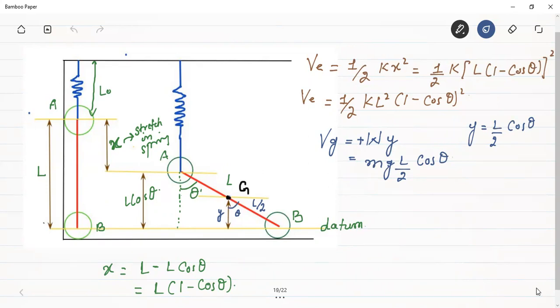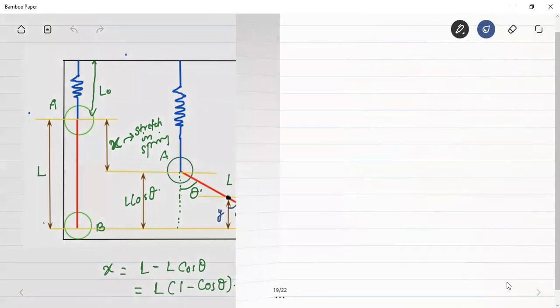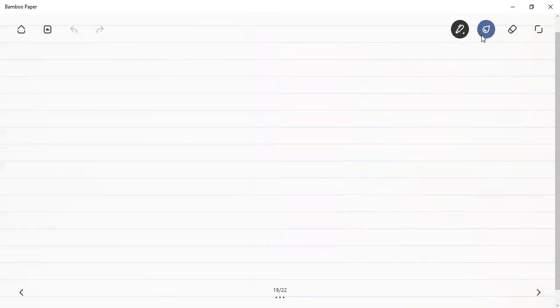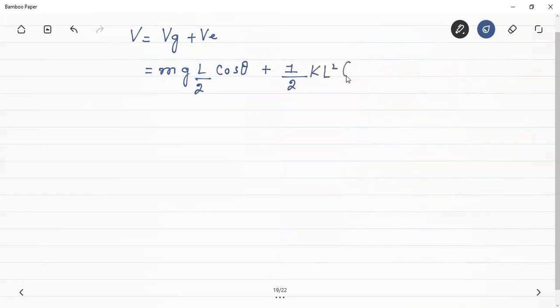Now we can add them to get the total potential function, that is, the summation of the gravitational potential function and the elastic potential function. This Vg is equal to m g L by 2 cos theta plus the elastic potential function, which is equal to 1 by 2 k L square into 1 minus cos theta, whole square.